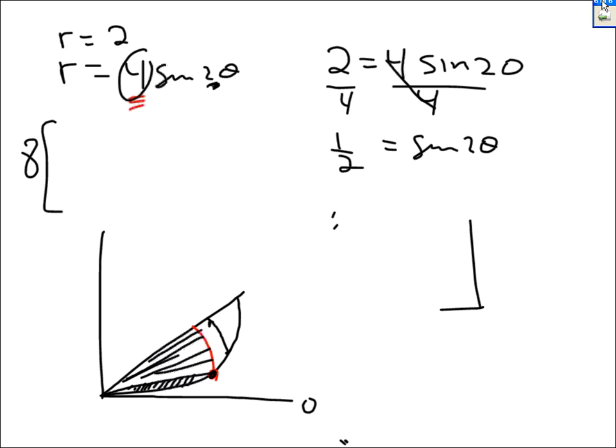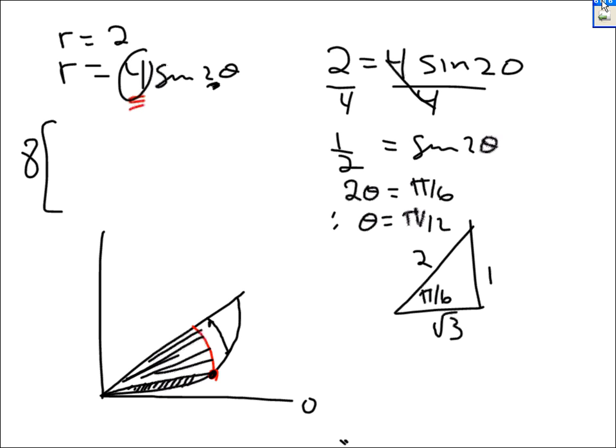Well, when is the sine of an angle a half? The answer is at 30 degrees. 1, 2, square root of 3. 30 degrees, pi over 6. So 2 theta must be pi over 6. So theta is pi over 12. This angle right here is pi over 12.